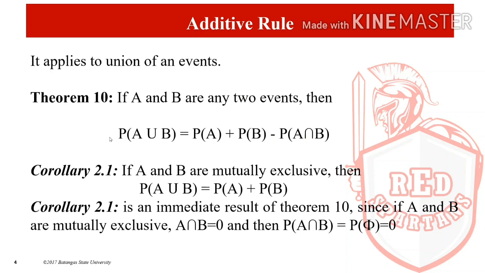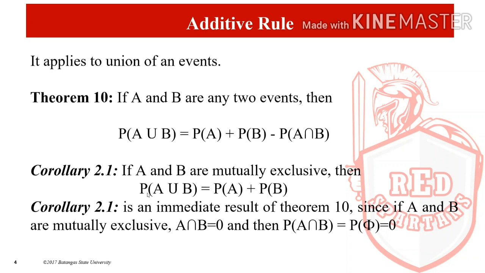For corollary 2.1, if A and B are mutually exclusive, ibig sabihin, sa mga previous na discussion, null set ang ating intersection. Wala tayong common na value or sample point from event A and event B, kaya ang probability doon ay 0.